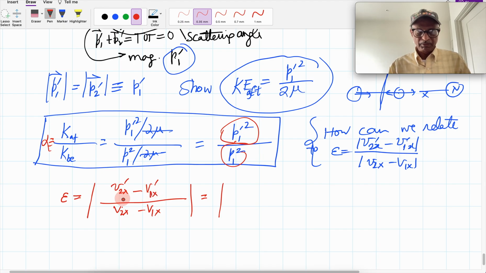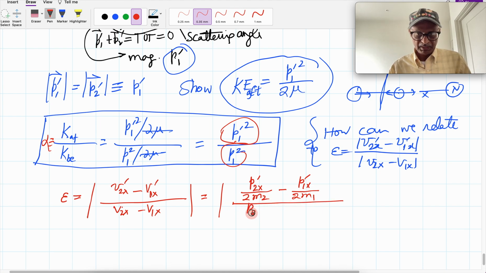So this will simply be the momentum p2x prime over 2m2, and then p1x prime over 2m1, and so this will be p2x over 2m2 minus p1x over 2m1.